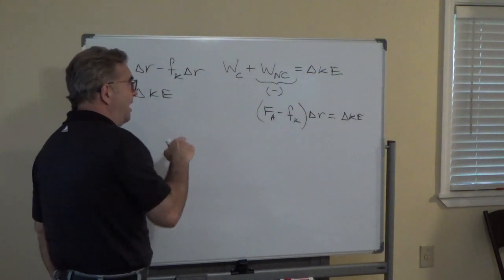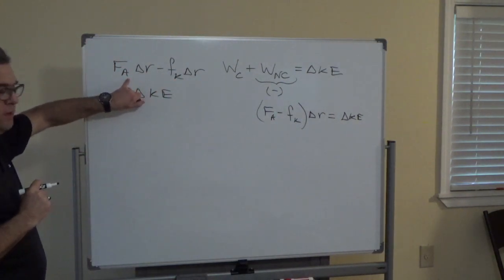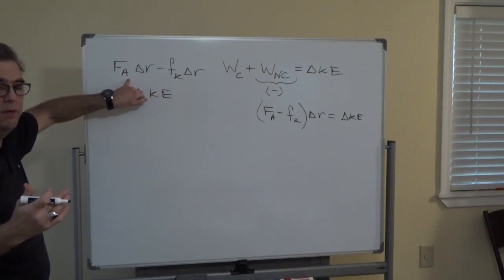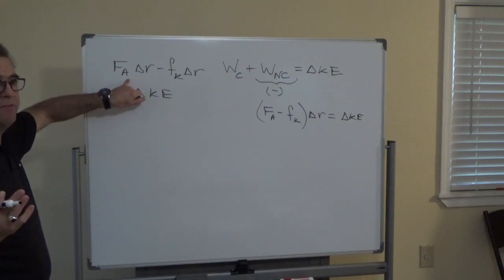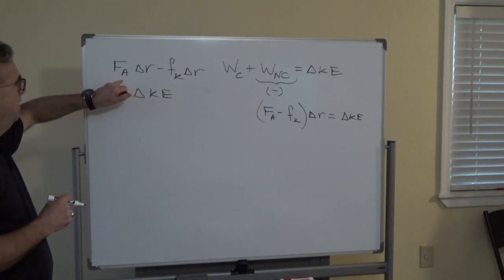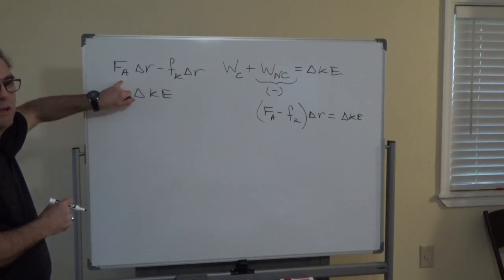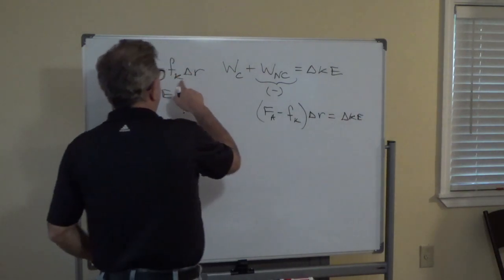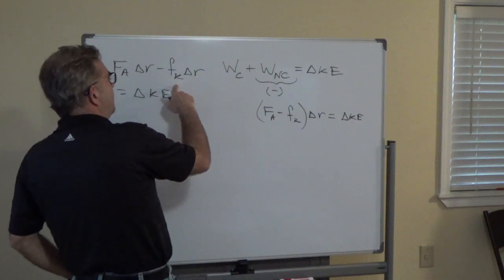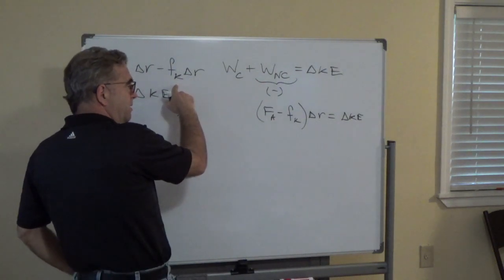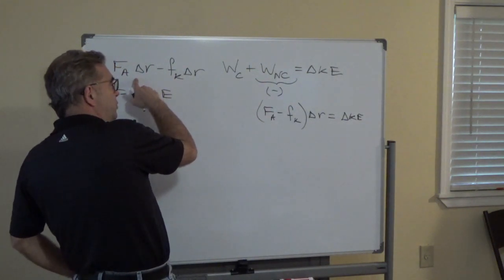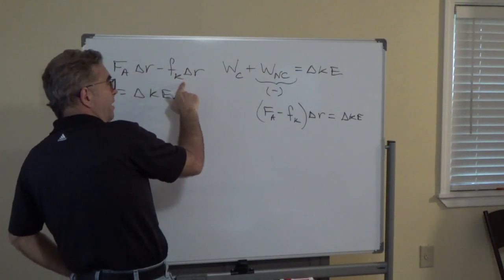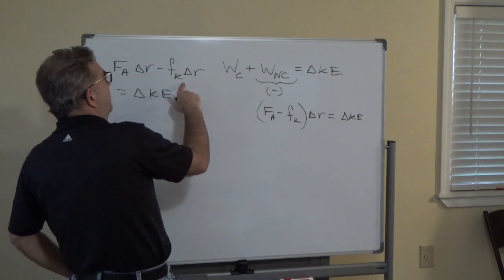This is something negative. If there were only the work done by the applied force, like we talked about when we were doing problems without friction, this would be just the work done without friction, okay? So this is taking energy away from the system. This is adding energy to the system. This is doing a positive amount of work. This is doing a negative amount of work.